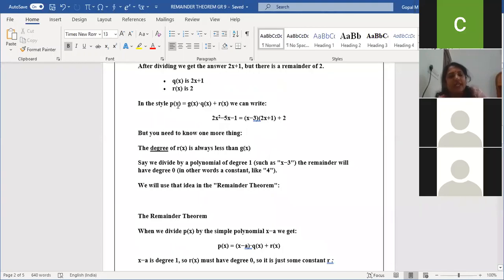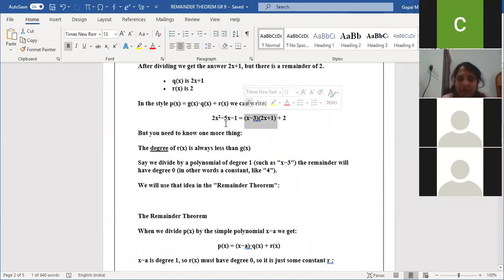P of x is the dividend, 2x square minus 5x minus 1. G of x is the divisor, x minus 3. Q of x is 2x plus 1 and the remainder is 2. Multiply the binomial by the binomial, then if you add 2, you will get the dividend value. Am I clear, children?